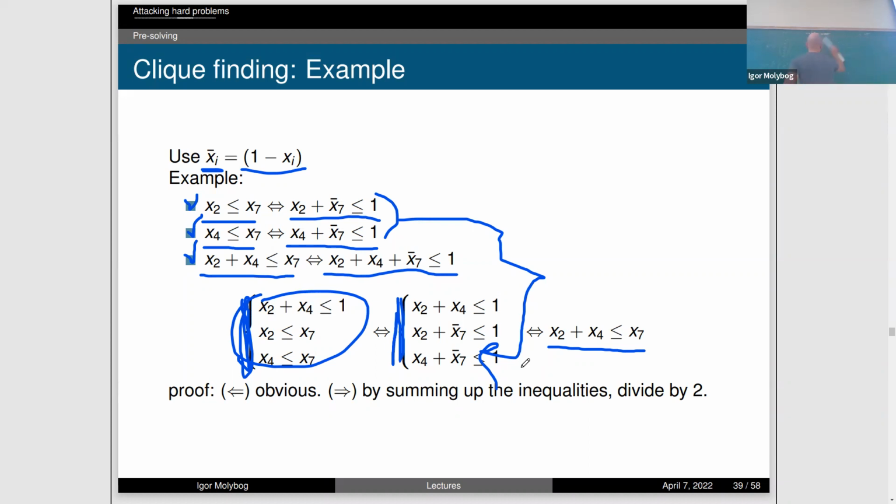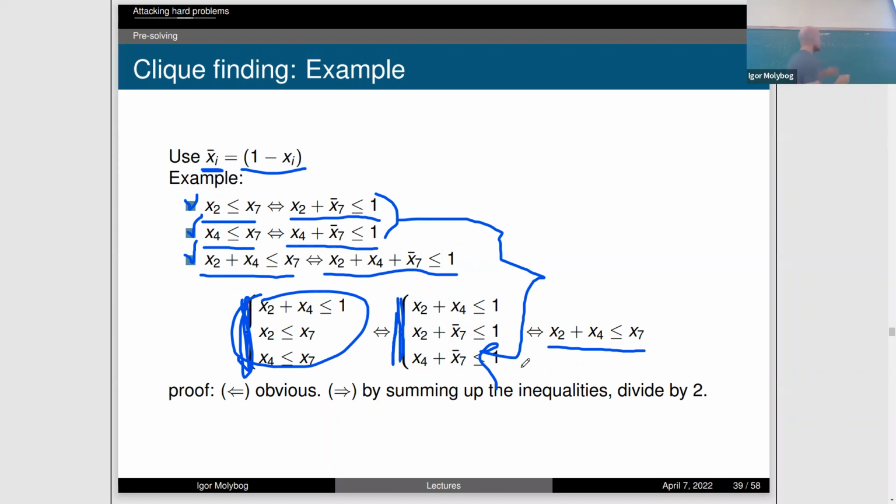And now the last part is to sum up these three inequalities in the middle. What we will get is x2 plus x4 plus x2 plus x7 bar plus x4 plus x7 bar less than or equal to 1 plus 1 plus 1.